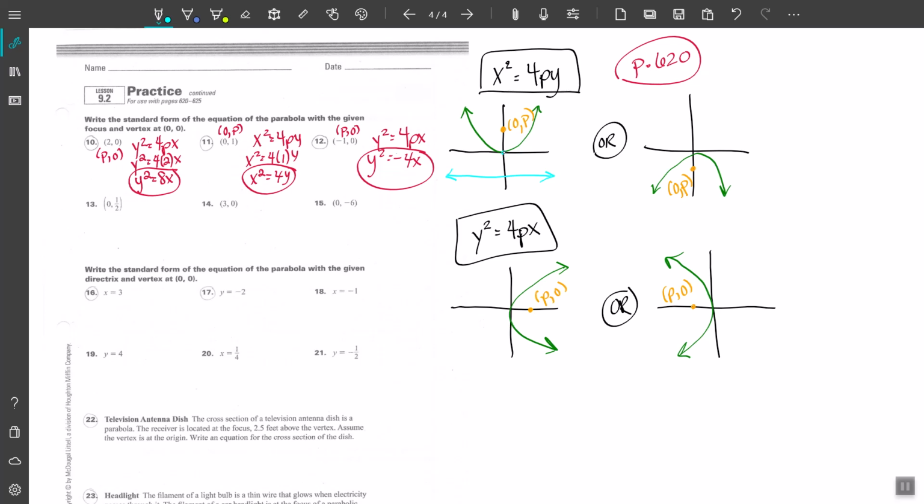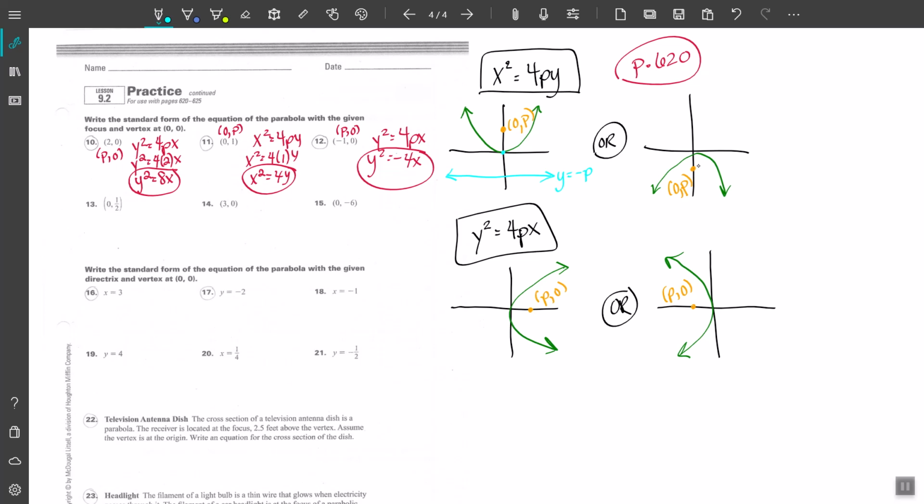So if from this vertex I go up p units to the focus here, that means to go down to the directrix, I go the opposite of p, this direction. So in this particular graph, my directrix is going to have an equation of y equals the opposite of p, because these are our y coordinates, it's a line running through the y coordinate that is the opposite of p.